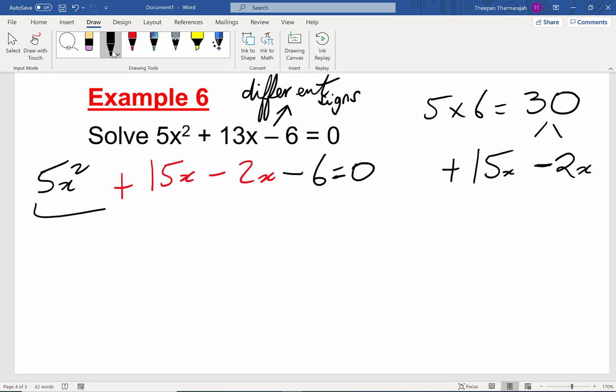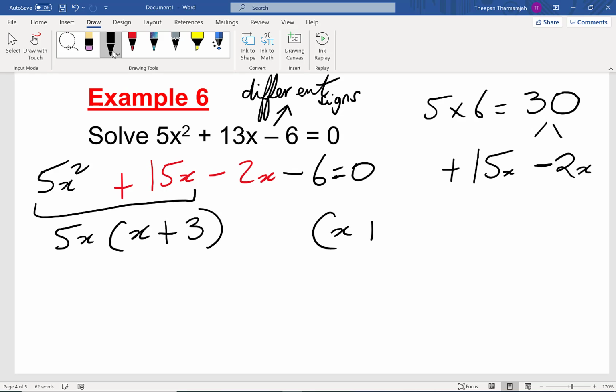Then we're going to take these two terms and factorize. So we're going to get 5x as our common factor, and then we get x plus 3, and then we get x plus 3 again. Remember, the bracket must stay the same for these kinds of problems. What do I times by x to get minus 2x? Well, that's going to be minus 2.